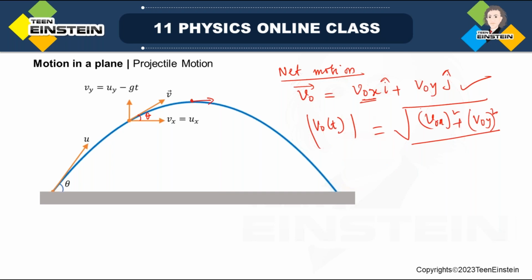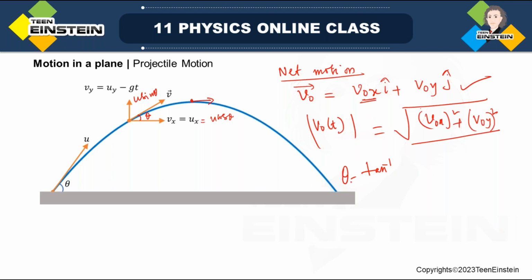In this case, we know this is a velocity vector, and there are two components. This ux is nothing but u cos theta, and this is u sine theta. Now how do we find out the angle that the velocity vector makes?